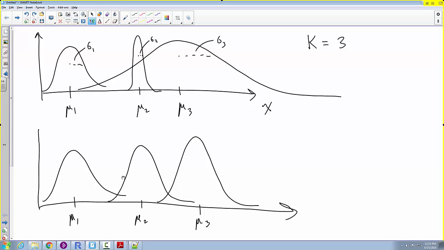So suppose that my model is there's 3 normal distributions, there's 3 means, there's 1 standard deviation. If I wanted to estimate these distributions, if I had a sample from the class 1 population and a sample from the class 2 population and a sample from the class 3 population, I could estimate all these things.